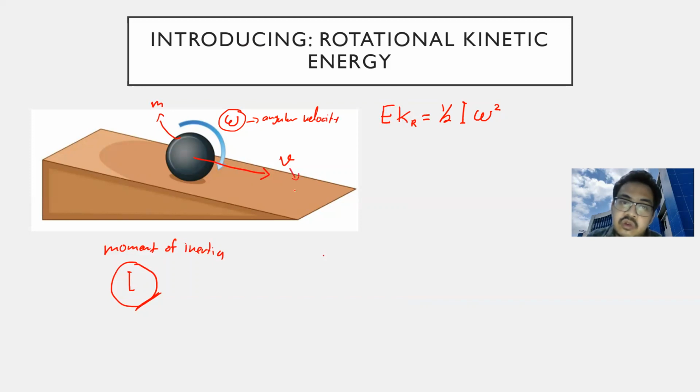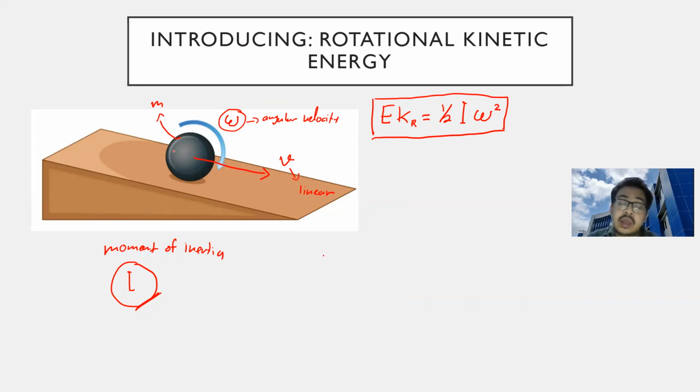And this one is linear, to make you remember. So this term here is the rotational kinetic energy, or the kinetic energy due to the rotational motion of this ball.